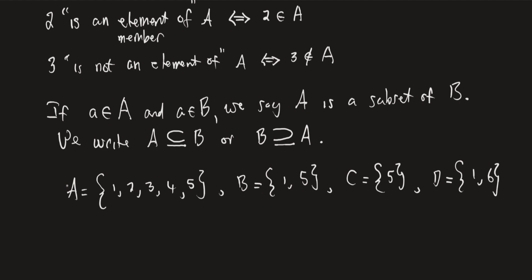Now, we can see that A has 5 elements, right? B has 2, C has 1, D has 2.